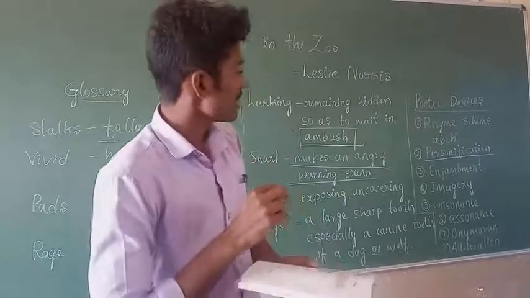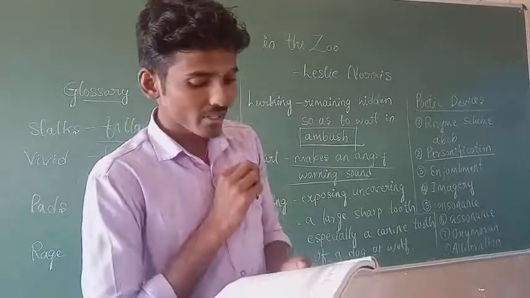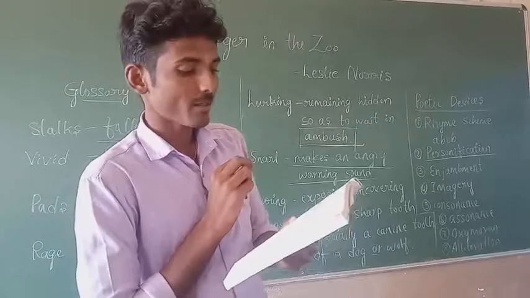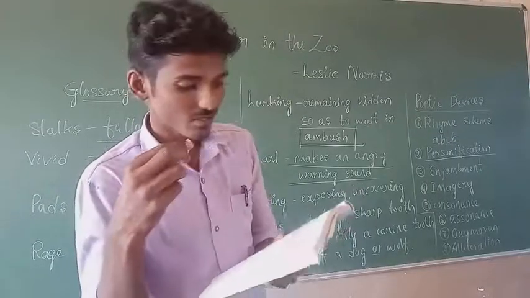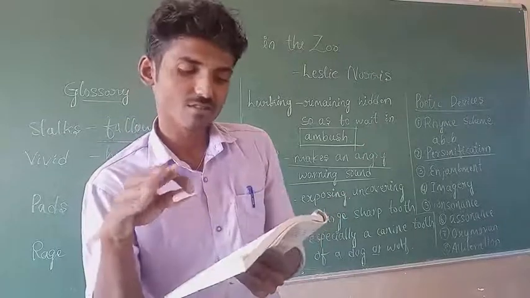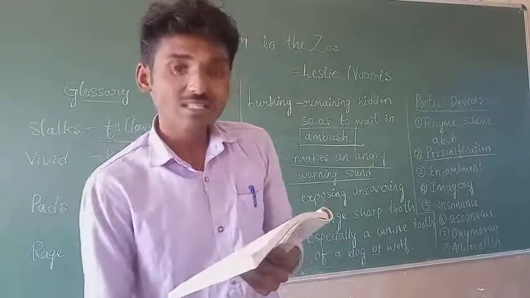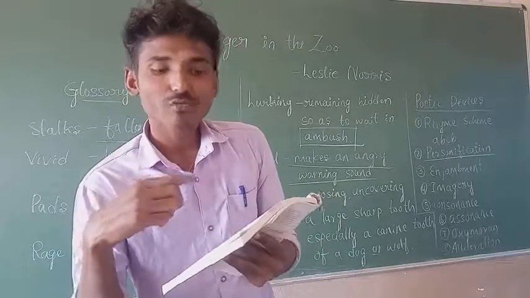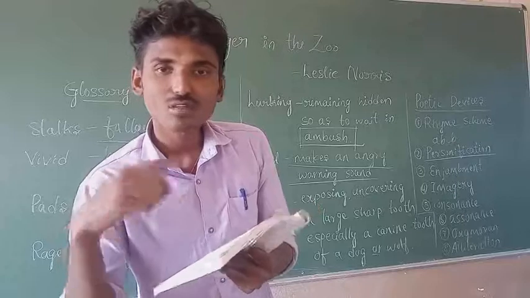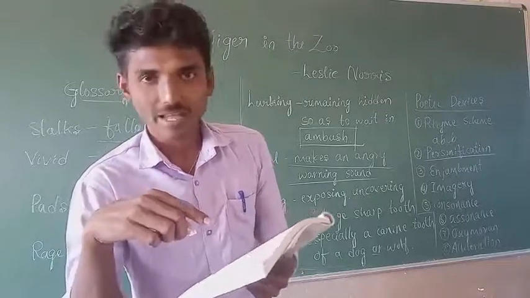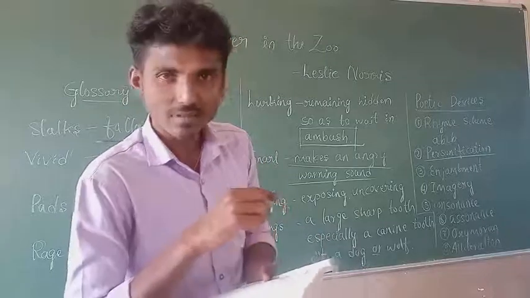Next, enjambment. Here we can look at the repeating sounds. For example, in the first stanza, first line, 'stalks in his vivid stripes', the sound repeated again. So this is called an enjambment.